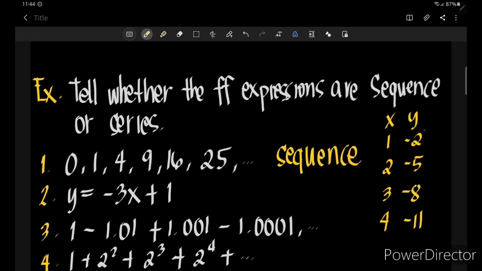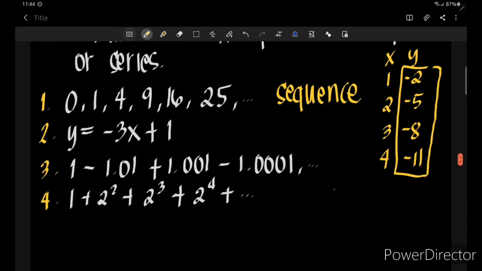Kung mapapansin natin, yung values ng y natin ay may sinusundang pattern. Negative 2, negative 5, negative 8, negative 11. So, still, it is a sequence. Okay. Sequence.